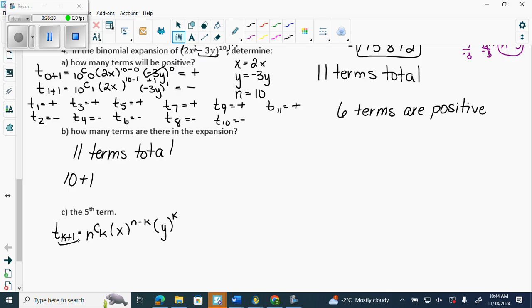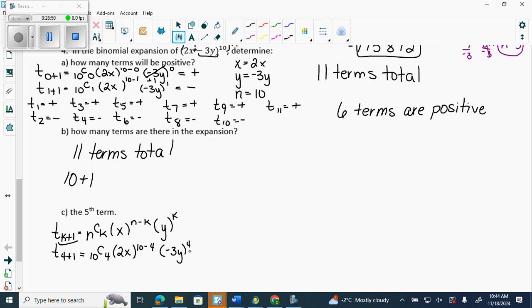If you use the formula, you don't have to think k is 1 less than the term. Just use your formula. I need term 5, so it's going to be t sub 4 plus 1. n is 10, k is 4. x is 2x to the 10 minus 4, and y is negative 3y to the 4.